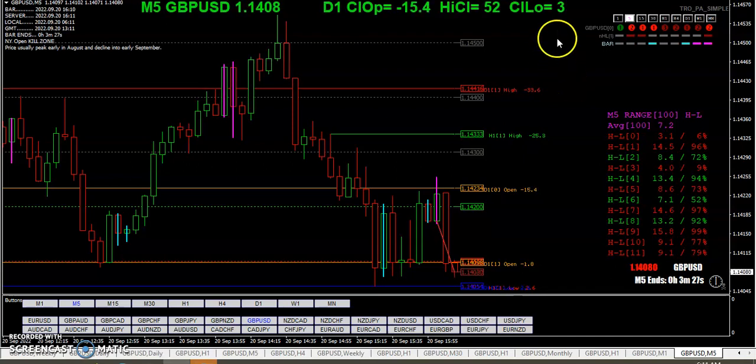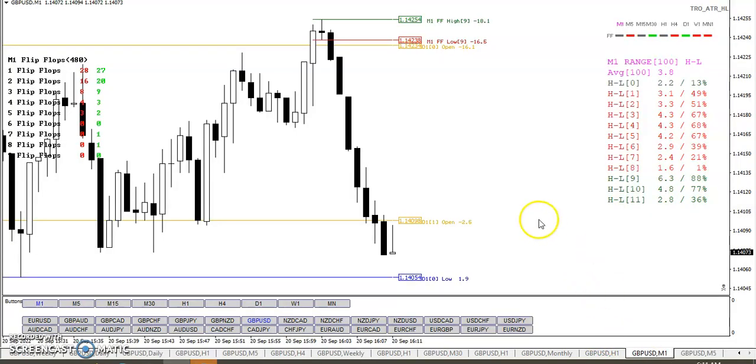We're only 3 pips off the low here, off the daily low. So we haven't created another flip-flop.